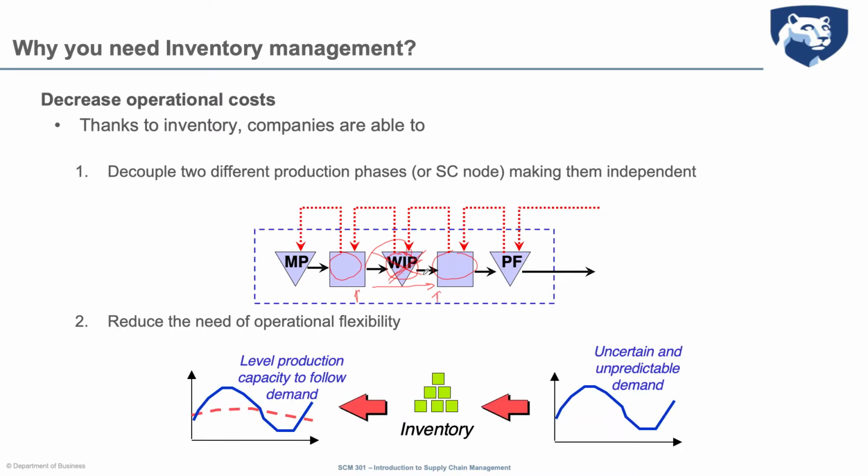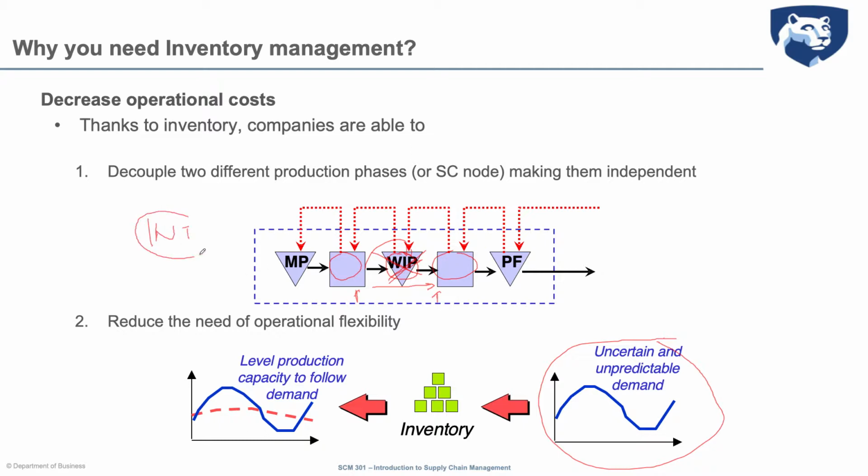Externally, inventory reduces the need of the supply chain to be flexible. We have seen that market demand is usually uncertain and unpredictable. So this is what concerns internal inventory.